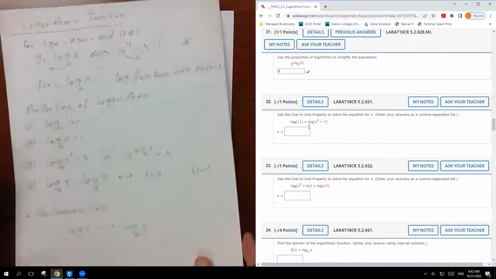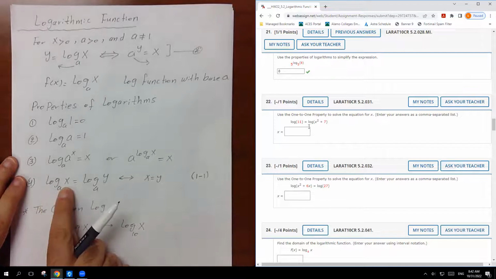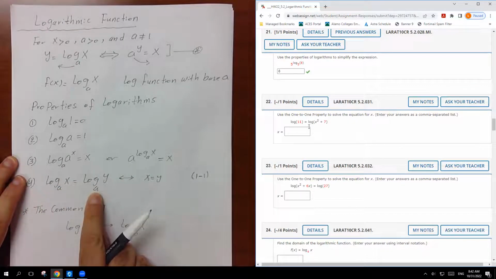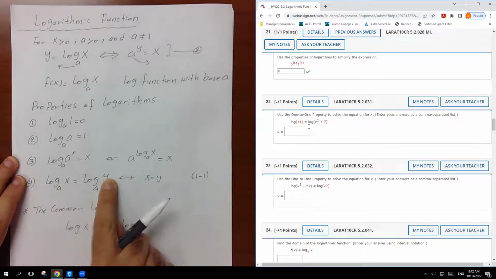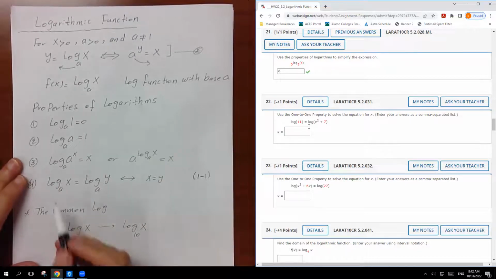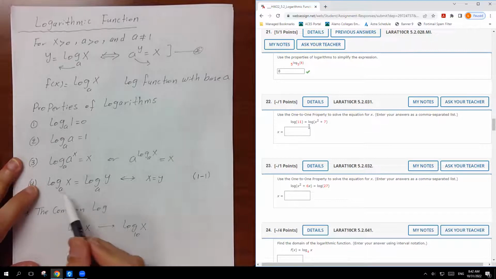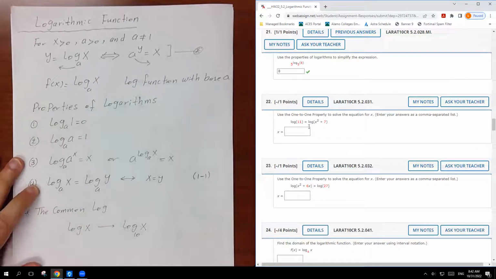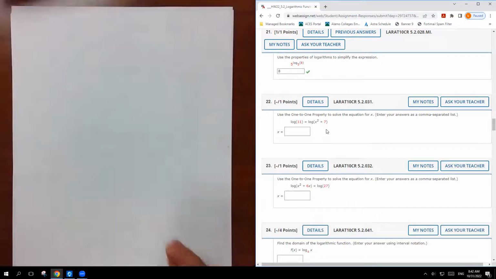The one-to-one property: log to the base a of x equal log to the base a of y, that means x equal y. The same thing for this property if there is no base, because the common base means the base equal 10. So if you look to example 22, there is no base, that means this is the common base. So I can use this property.